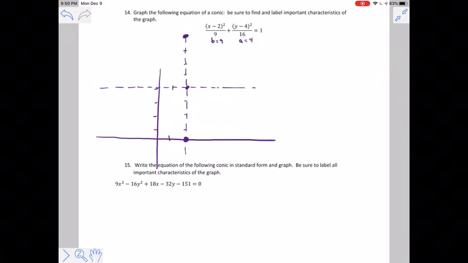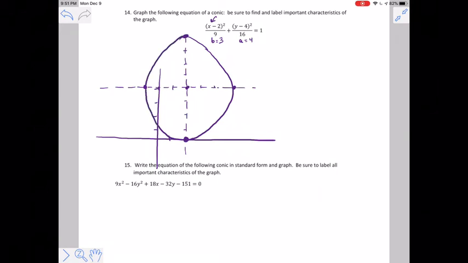And then 3 units, since this is associated with x, that's not 9, that's got to be 3. b is the square root of 9, which is 3. Those are the endpoints of the minor axis there. So there's our ellipse.